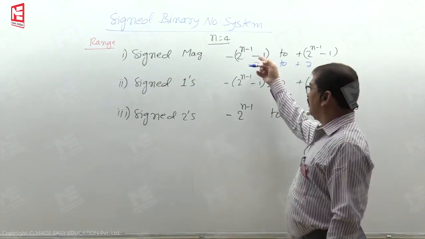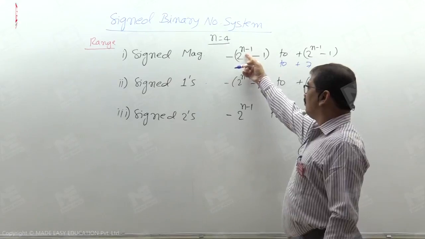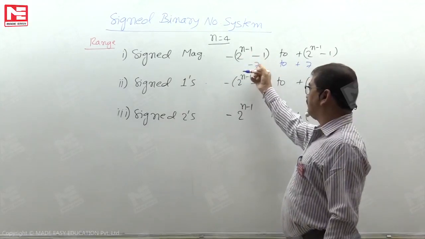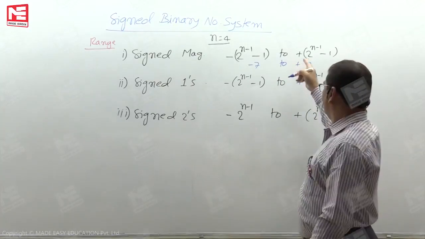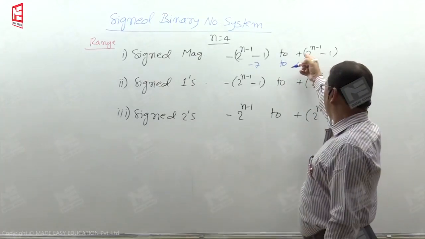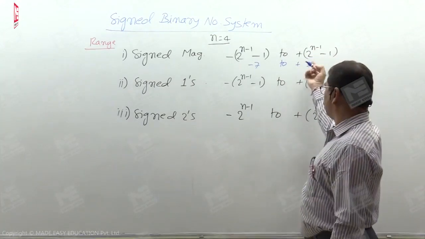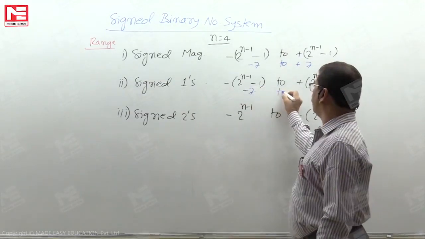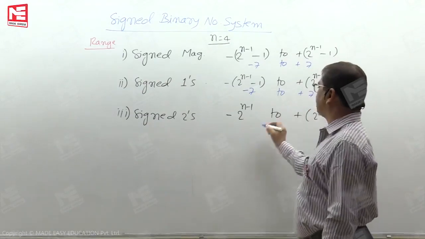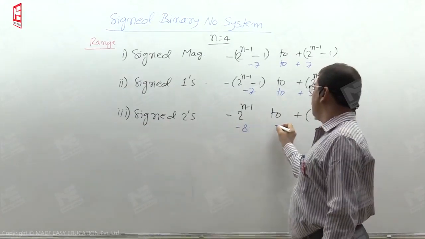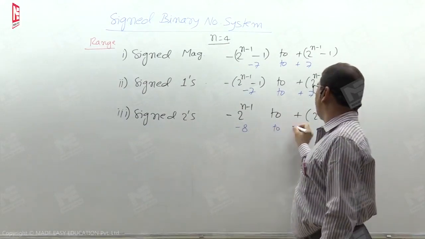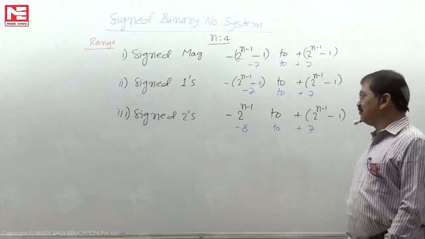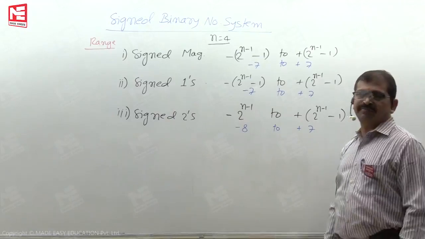Whenever n is 4, 4 minus 1 is 3, 2 to the power of 3 is 8, minus 1 is 7. So the range is minus 7 to plus 7. In 1's complement, of course, also minus 7 to plus 7. In the case of 2's complement, it is minus 8 to plus 7.